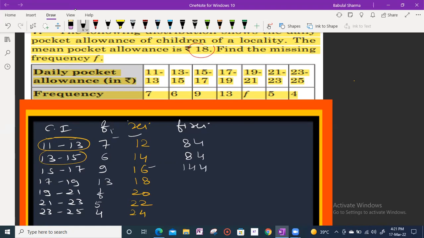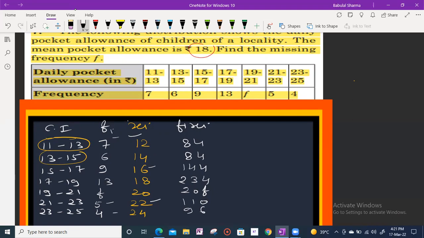And 18 into 13, you multiply, please, that is 234. And 20 into f, 20f only, because we don't have the value of f, so f is the variable here. And now 22 into 5, that is 110. And then 24 into 4, that is 96.